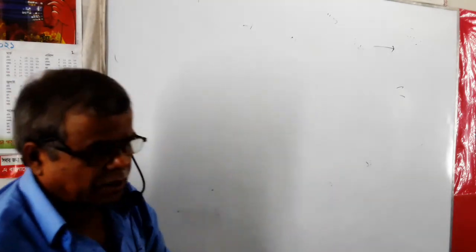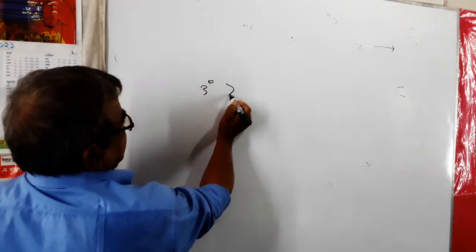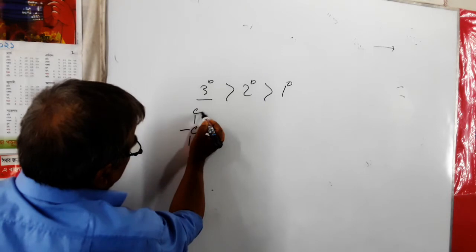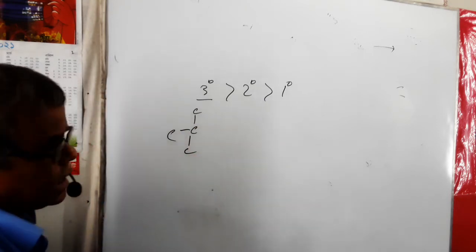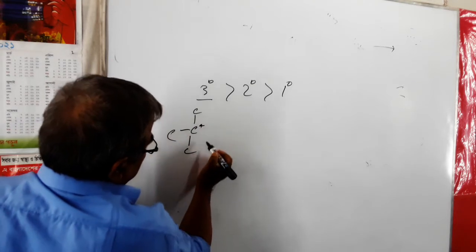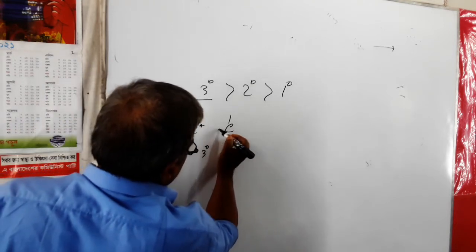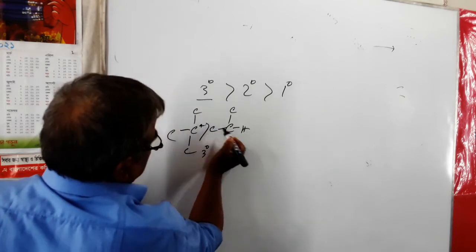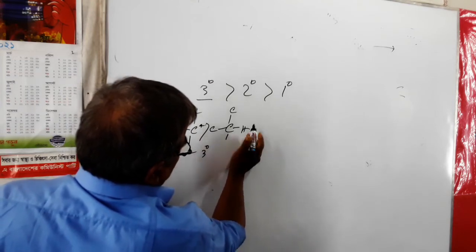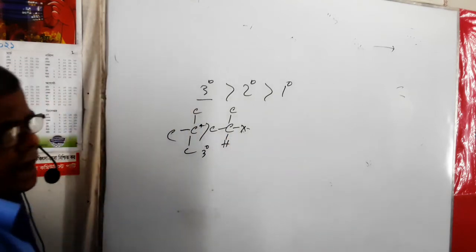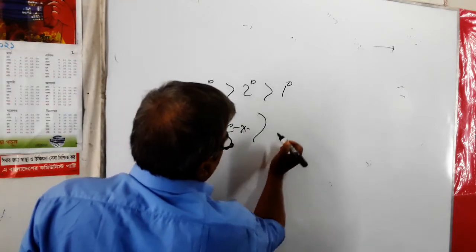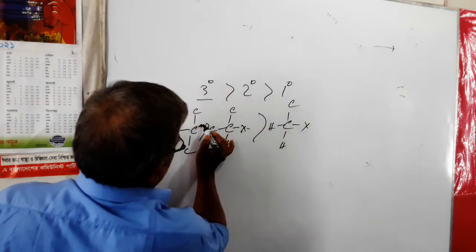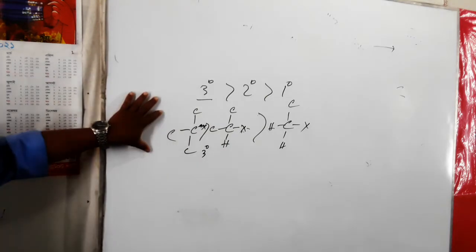In the case of SN1, the rate of the reaction of 3 degree is greater than 2 degree, and 2 degree is greater than 1 degree. 3 degree means that the carbon is attached to 3 carbons. When the carbon is attached to 2 carbons, it is a 2 degree alkyl halide, and when the carbon is attached to only 1 carbon, it is called a 1 degree alkyl halide.